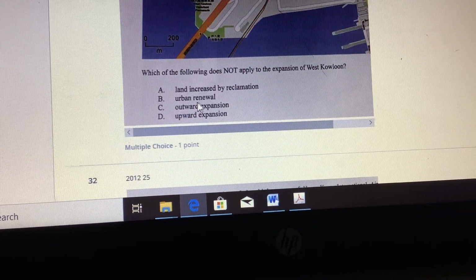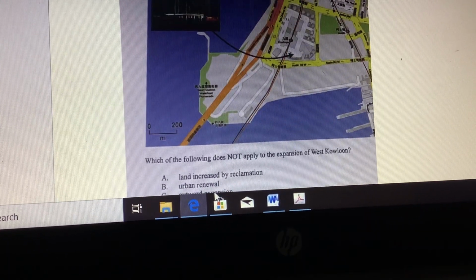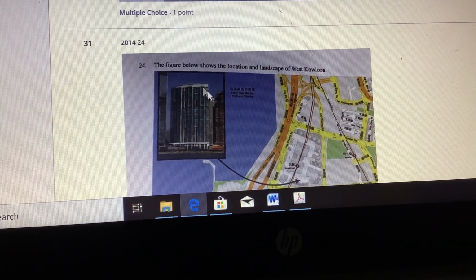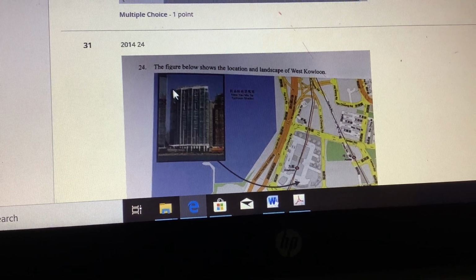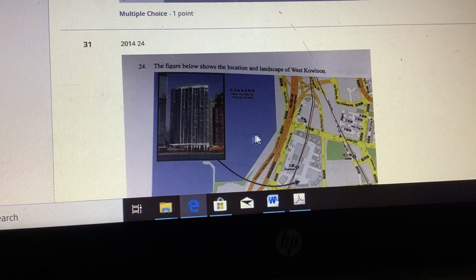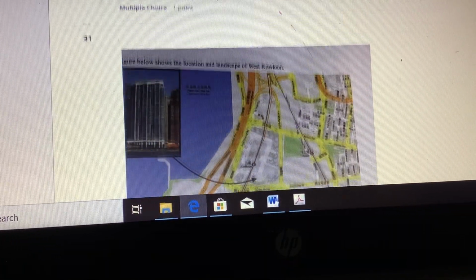This one, urban renewal, is also taking place. Outward expansion: what is outward expansion? Making it larger. What's upward expansion? Building a larger building, a taller building. So you can see we have taller buildings right here, right? But for this one, outward expansion, not really existing.